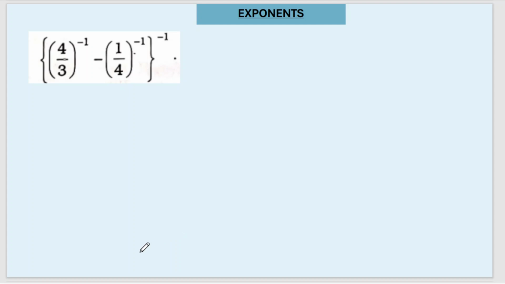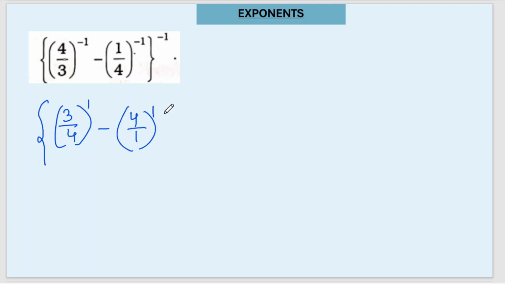Next: 4 by 3 to the power minus 1 minus 1 by 4 to the power minus 1, and whole to the power minus 1. Okay, so let us see. 4 by 3 to the power minus 1 can be written as 3 by 4 to the power 1. Minus 1 by 4 to the power minus 1 can be written as 4 by 1 to the power 1, and you will have whole to the power minus 1. So 3 by 4 minus 4, whole to the power minus 1.